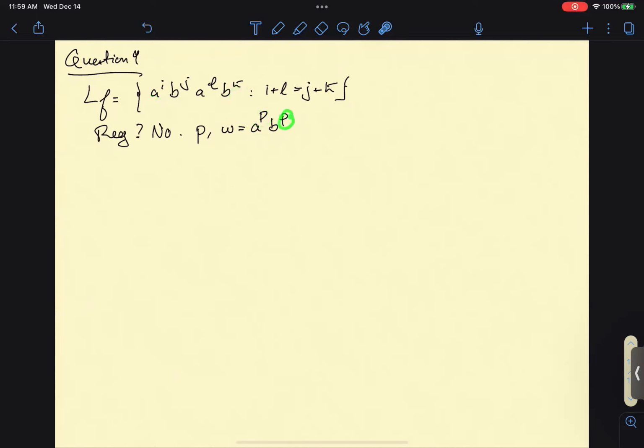This P can't come from here because then you'd have 2P equal to 0, which is not possible, assuming P is greater or equal to 1, which we assume. So then would you pump up or down? Doesn't matter. You could pump up or down, and you would get a contradiction.